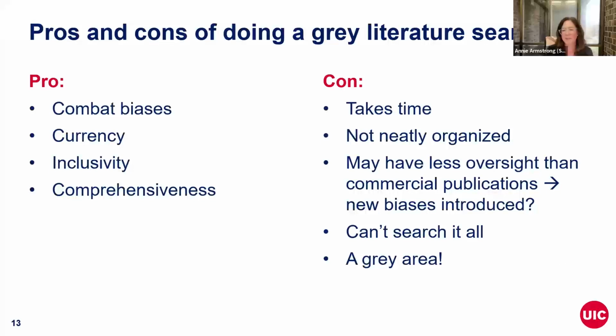So, as I mentioned previously, as much as gray literature might reduce bias, it might also introduce some bias as well. And you have to know when enough is enough.